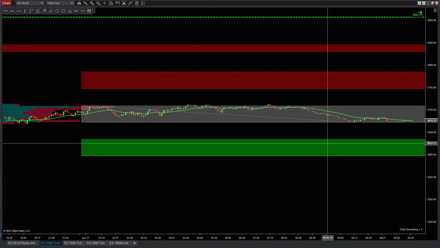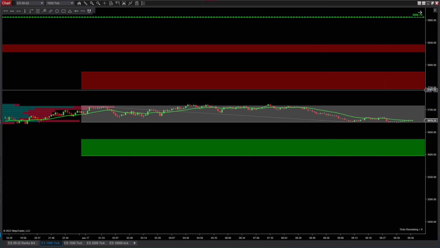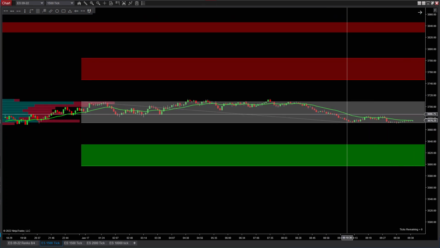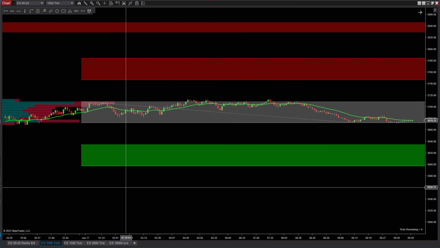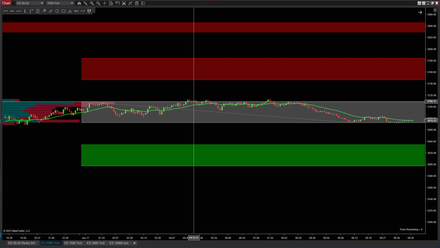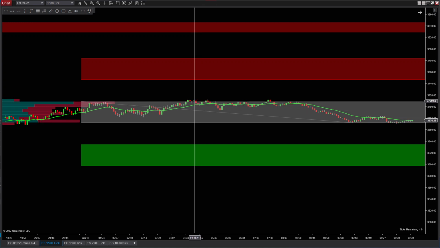So this is exactly the drawing that I was showing in the other chart, right? So here is the area, 1500 tick. Now you have to decide if you're going to trade in this area or you are not going to trade in this area.